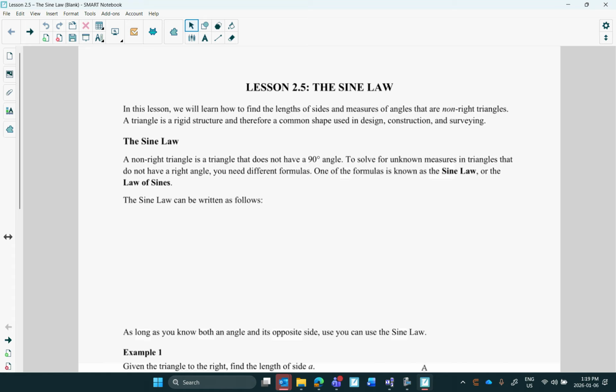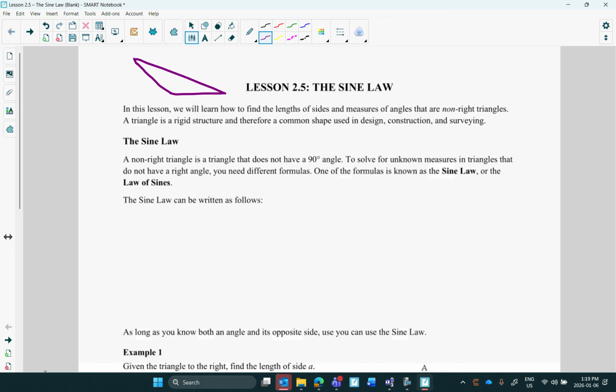Okay. So for example, something like this. That's not a right angle triangle. We can't use sine, cos, or tan because it's not a right triangle.